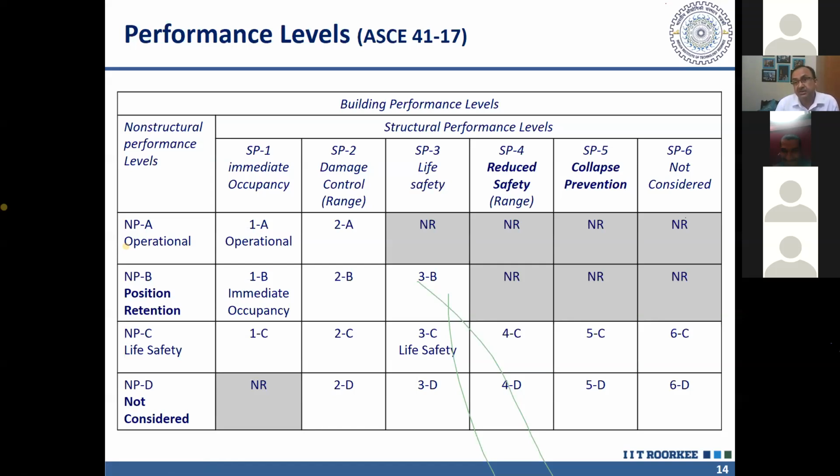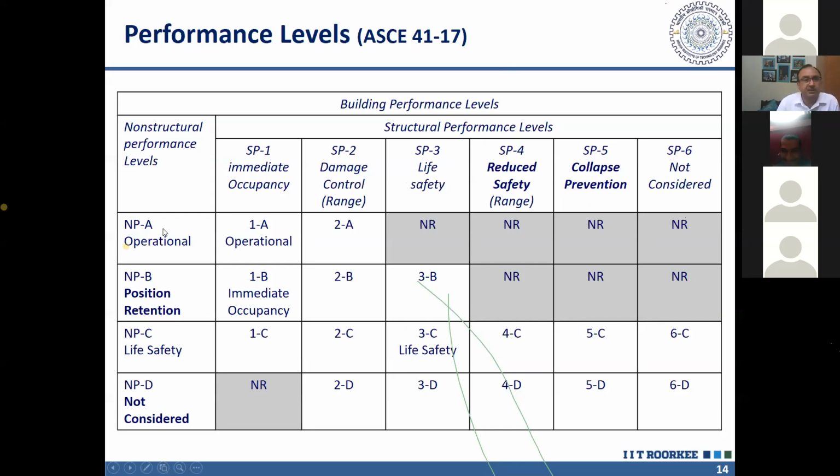But there is a probability of occurrence of this earthquake also. So at least we should target in our structure life safety, that the injuries are limited to that extent that nobody is fatally injured. And in case of some structures, we have to go for immediate occupancy.